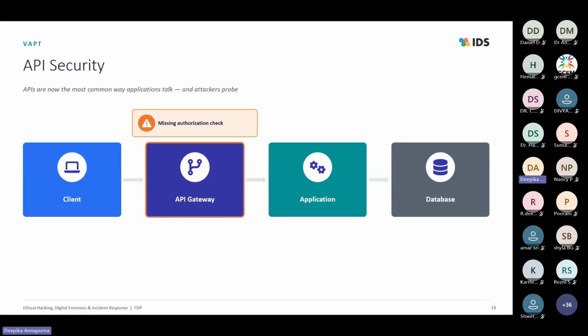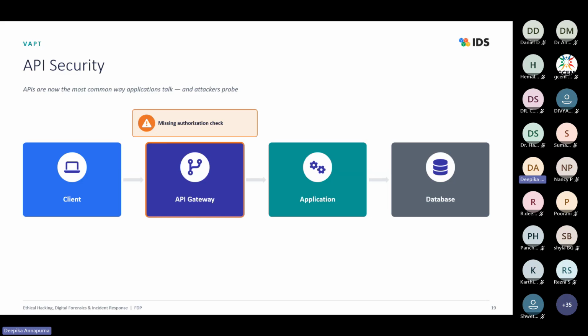So what will API security require? API security will require strong authentication, proper authorization, and input validation. Input validation means proper input validation should be required. For suppose we have an upload option, and the application is allowing every file to be uploaded. Let's say I am trying to upload a photo of mine to Instagram.